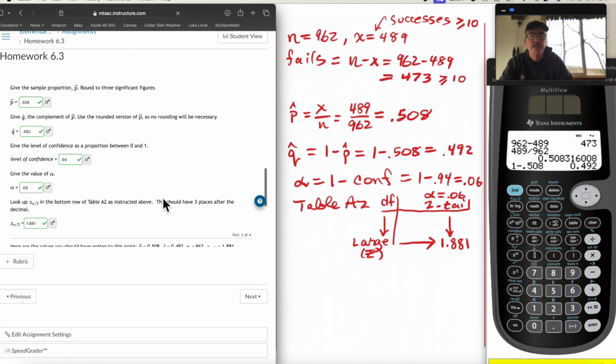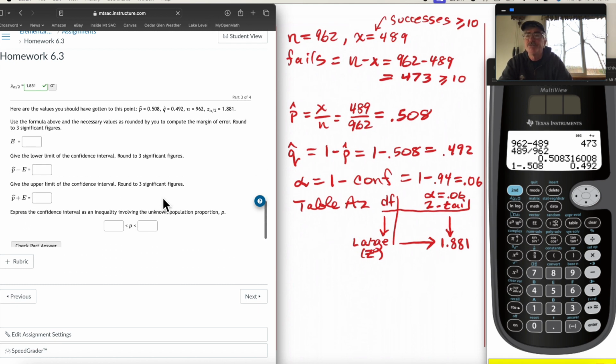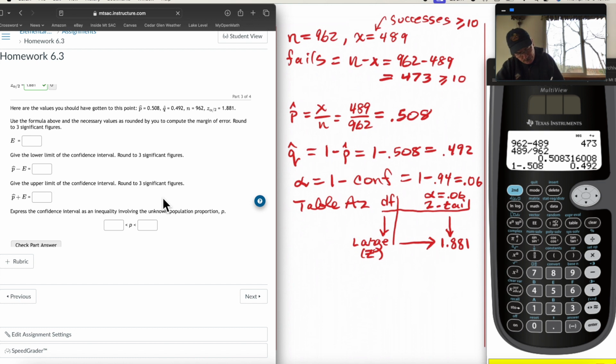Okay, now they're going to have us do our margin of error. So we can do this here. Here's the formula. Putting all the pieces together, z sub alpha over 2 times the square root of p hat q hat over n. Okay, so that's the 1.881, square root.